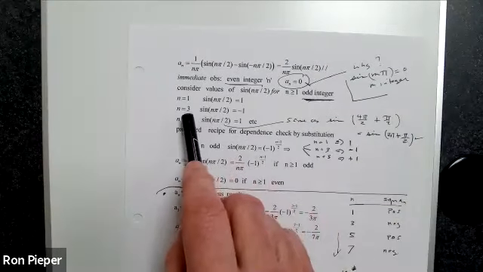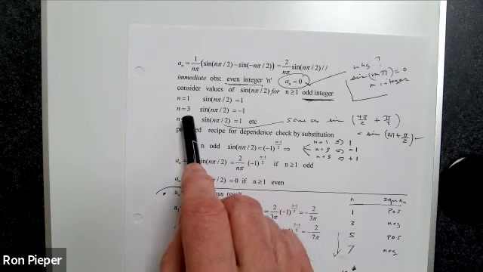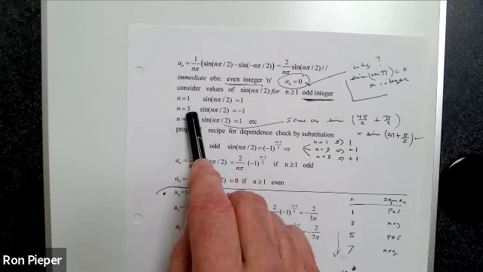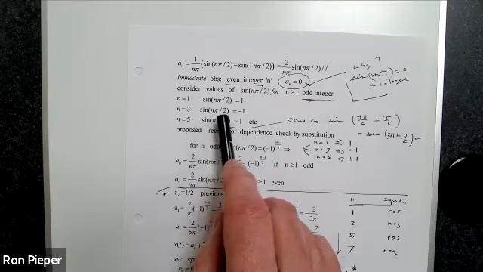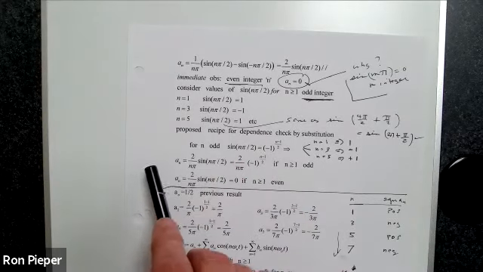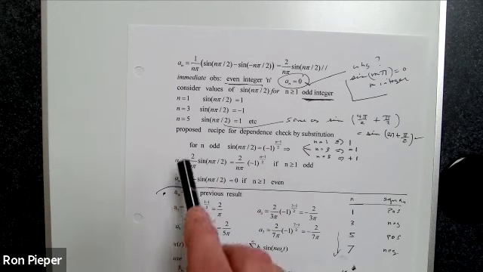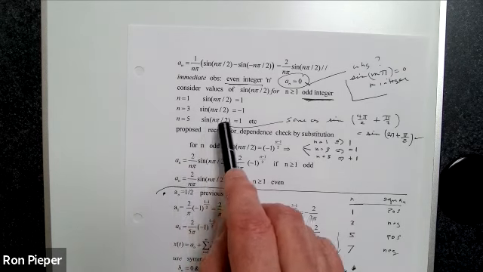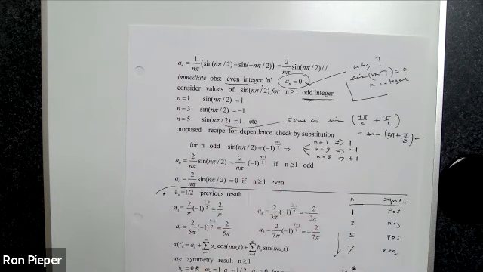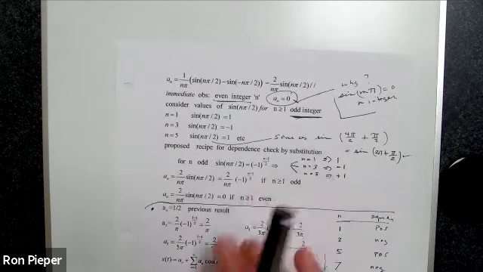If we take n equal to 3, that would be 3 pi over 2, and that would be -1. And n equal to 5, that would be 5 pi over 2, and that would be +1.